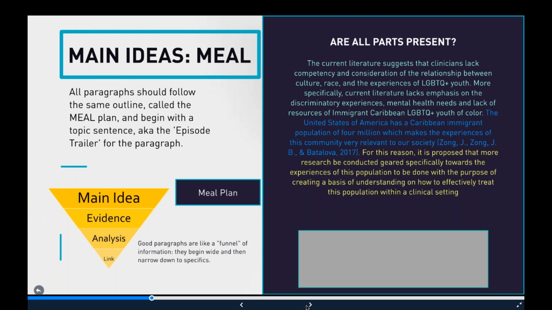The United States of America has a Caribbean immigrant population of 4 million, which makes the experiences of this community very relevant to our society. For this reason, it is proposed that more research should be conducted geared specifically towards the experiences of this population, to be done with the purpose of creating a basis of understanding on how to effectively treat this population within a clinical setting.